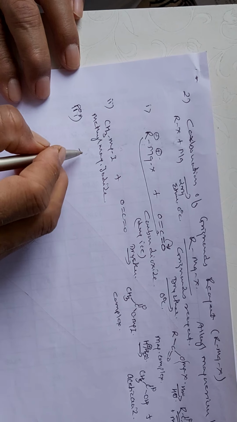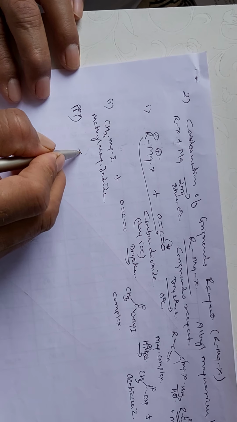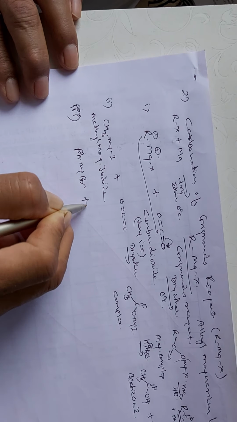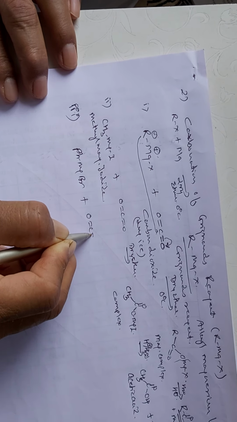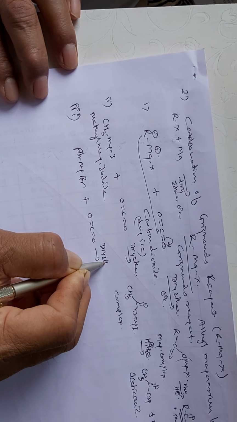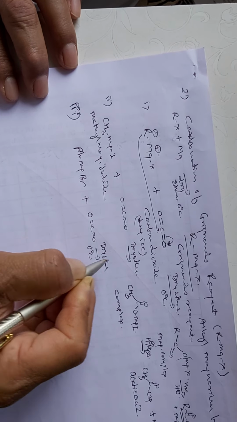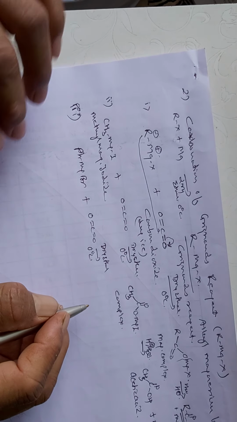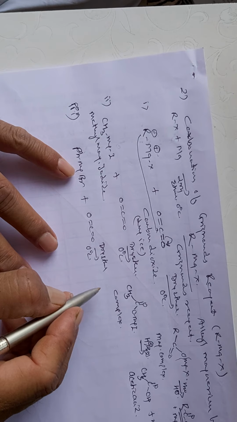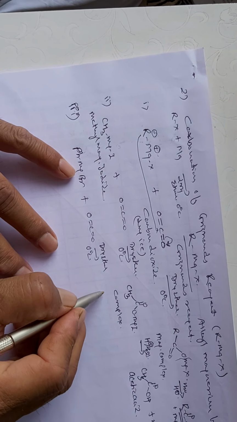So here, phenyl magnesium bromide, PhMgBr, with carbon dioxide in presence of dry ether at 0 degree Celsius. The reaction condition is to be maintained at 0 degree Celsius because, as the magnesium metal is there, the reaction is very vigorous.